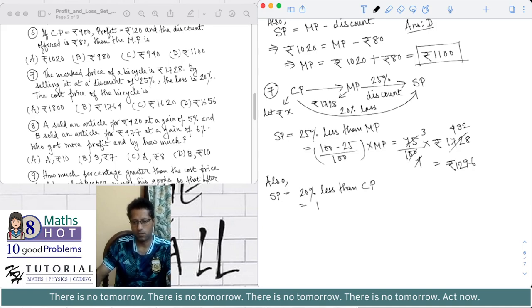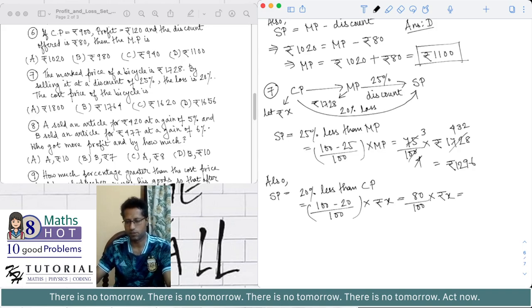This is equal to 100 minus 20 divided by 100 multiplied by X. We have assumed the cost price to be X. This is equal to 80 by 100 multiplied by rupees X. This is equal to, after simplification, rupees 4x by 5.